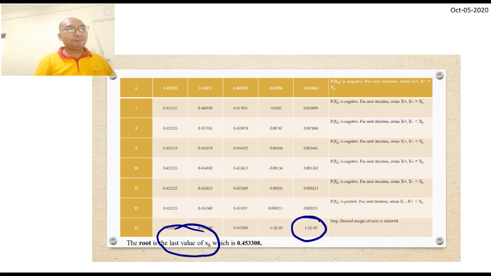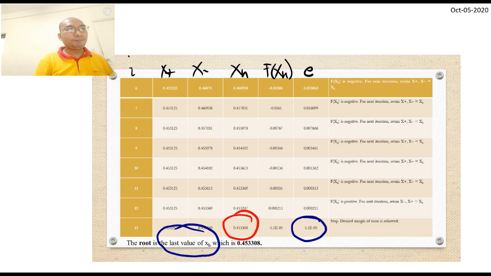And for this example, again this is iteration, x plus, x minus, this is x sub h, this is function of x sub h, and this is the error. So the last value of your x sub h will be the value of your root, which is 0.453308.